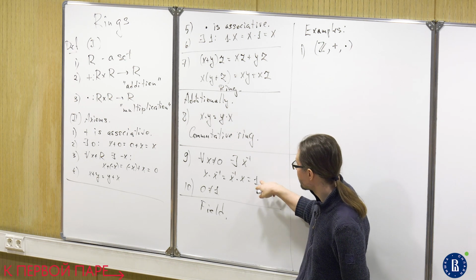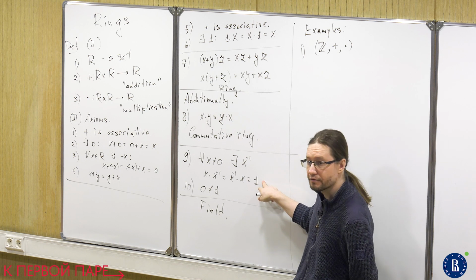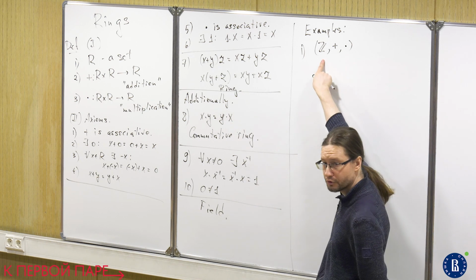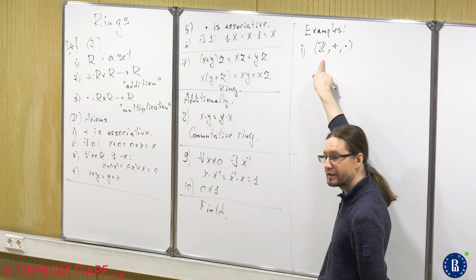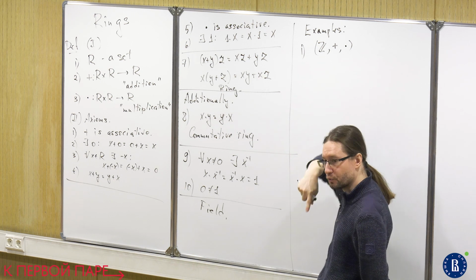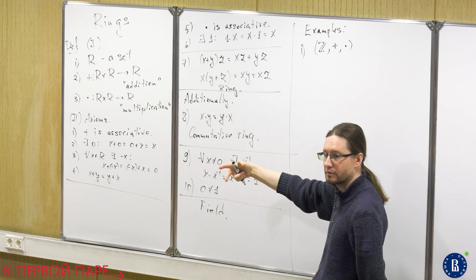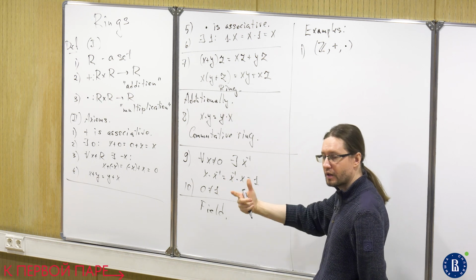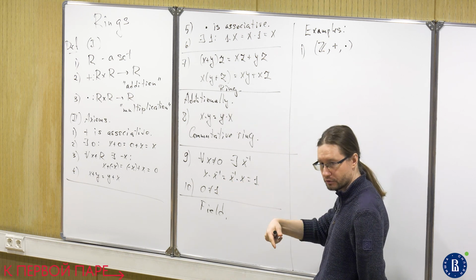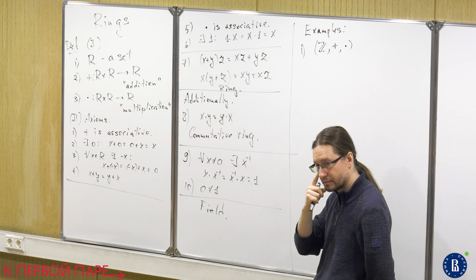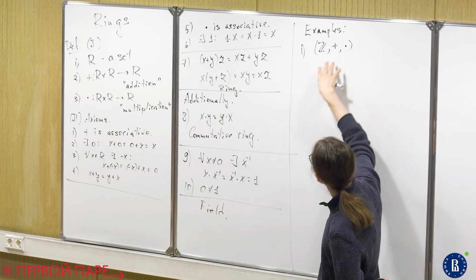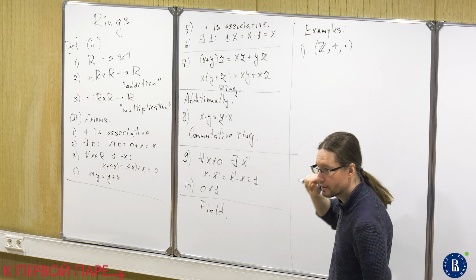Yeah, exactly, because axiom number 9 is not satisfied. Because if you take the element 2, there is no other integer such that 2 times this integer equals 1. So this new element must be rational, it must be 1 over 2. And 1 over 2 is not in Z. So this axiom doesn't hold here, okay?